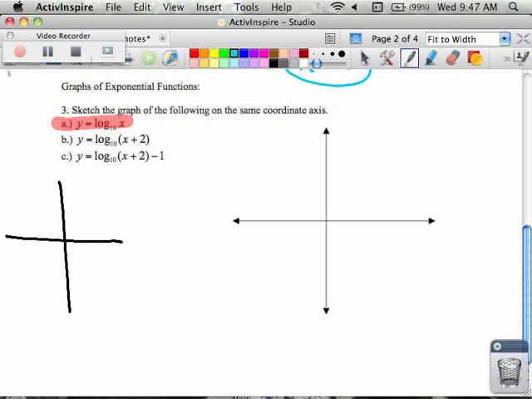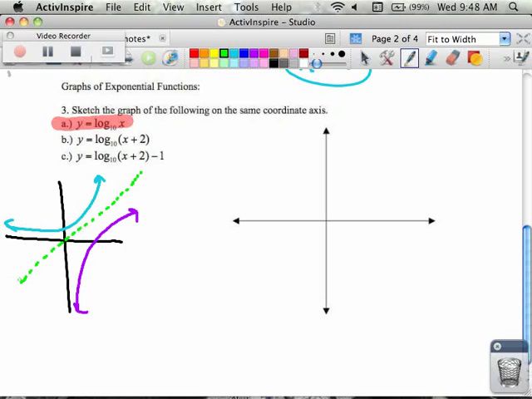So this is an exponential, which means if I have its inverse, it would look like that. Why? Because inverses are mirrored over the line y equals x.